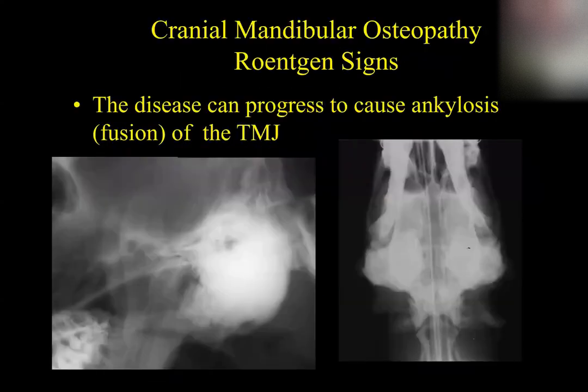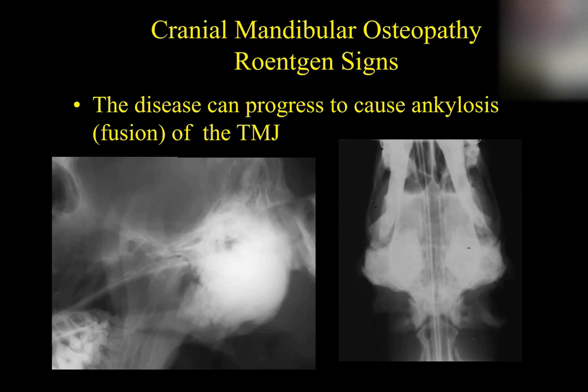The cool thing about craniomandibular osteopathy in Westies is if you give it time, it'll completely go away on its own. You can put the dog on NSAIDs, you can put him on Rimadyl, you can put him on antibiotics, you can put him on anything you want, but basically you're probably not doing anything. This will relieve itself and go away on its own, whether you treat it or not.